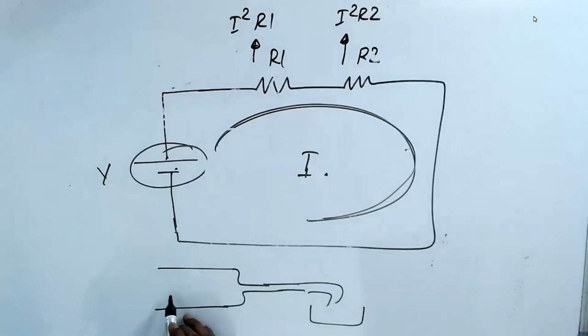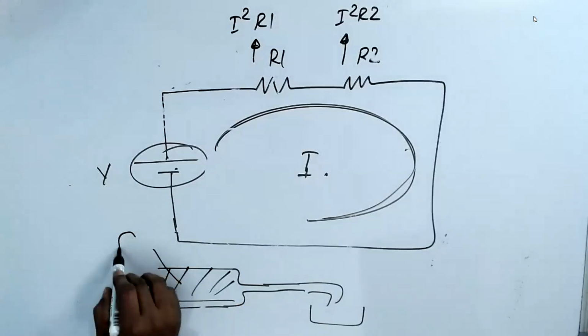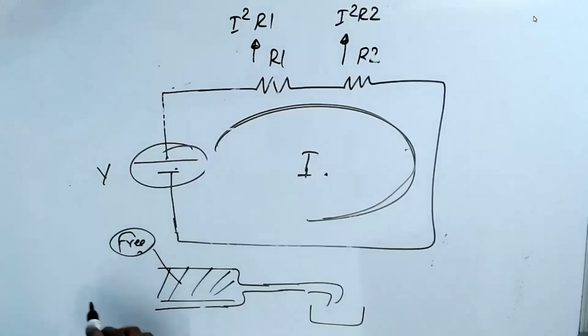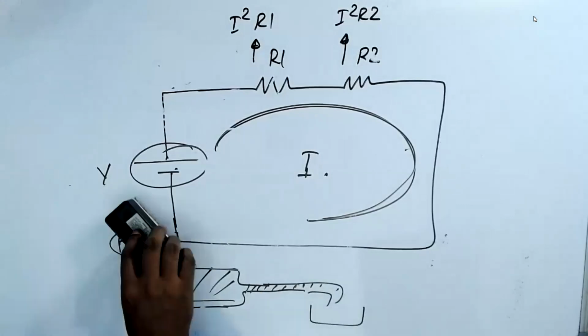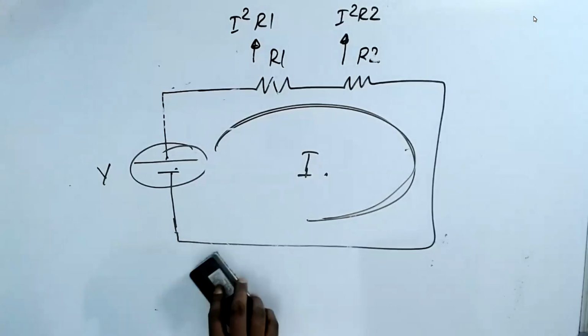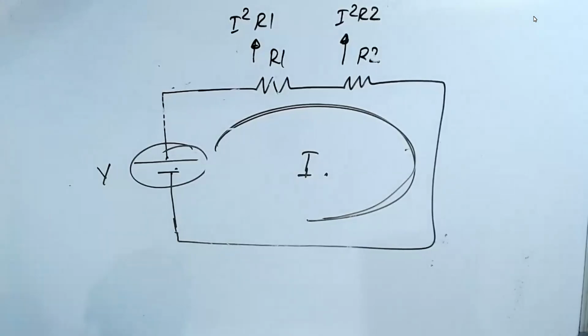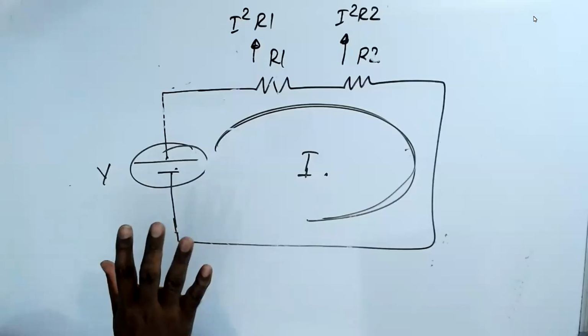The water could be less here, with more space free, because it's a big tube, whereas the water could be fully occupied here, because it's a smaller tube. But the flow of water will be the same. Now let us do the same thing here. So this is clear now.